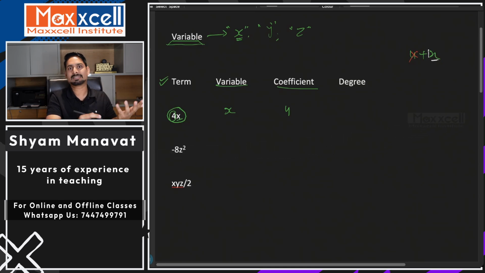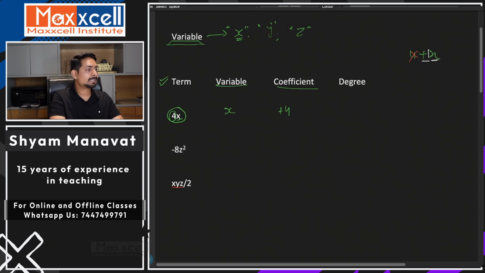Because you multiply anything by 1 or divide anything by 1, it will not make any difference. So here the coefficient of x is, or rather, let me say plus 1. The sign is also important. The coefficient of 4x, let me call this plus 4, but usually we don't put the plus sign.